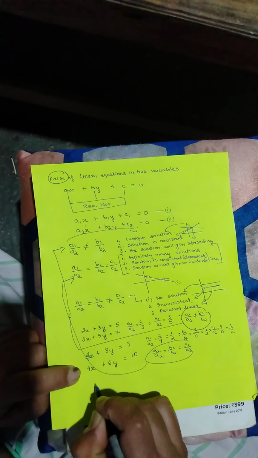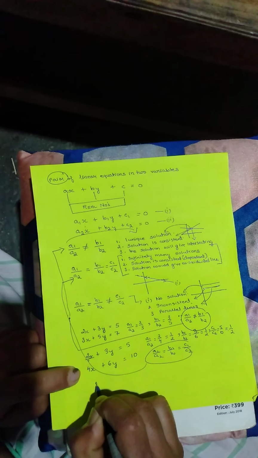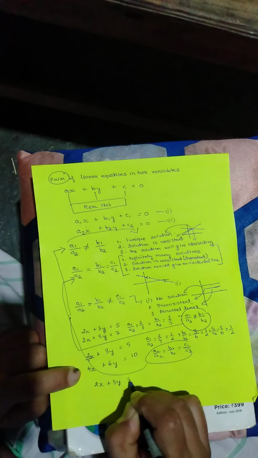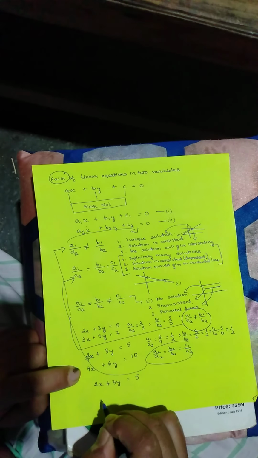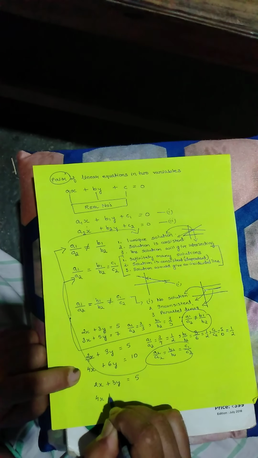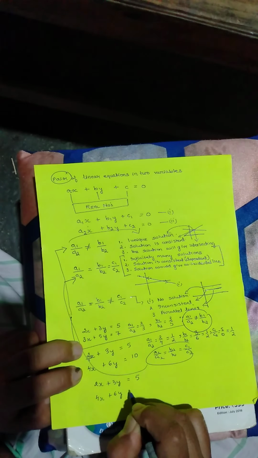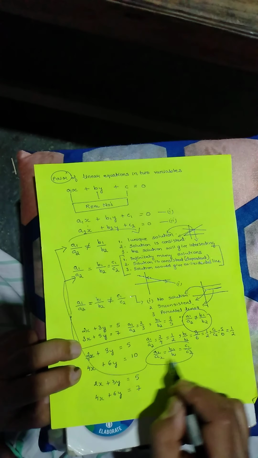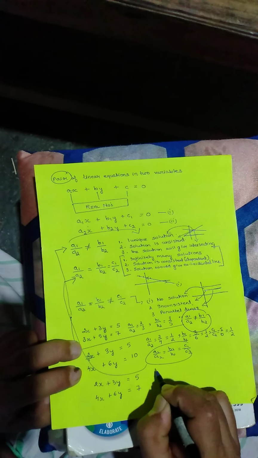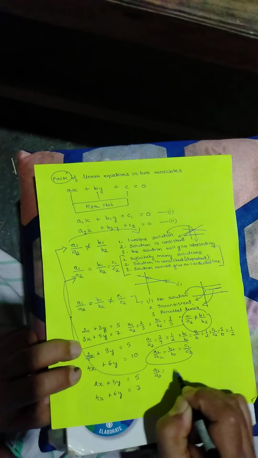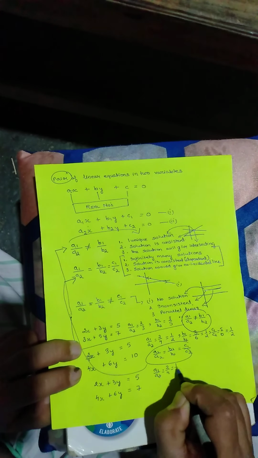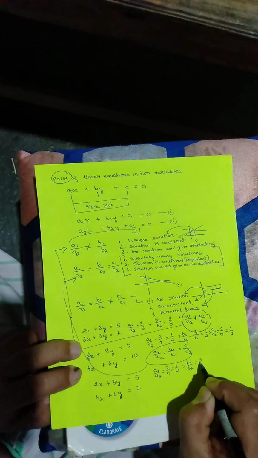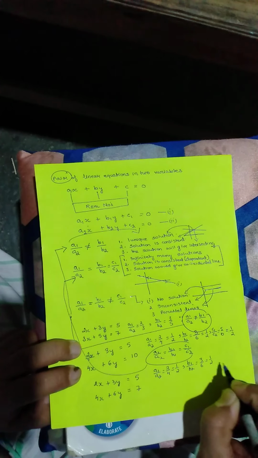Lastly, if you have 2x + 3y = 5 and then 4x + 6y = 7, you can see that a1 by a2 is equal to 2 by 4, which is half. b1 by b2 is equal to 3 by 6, which is half.